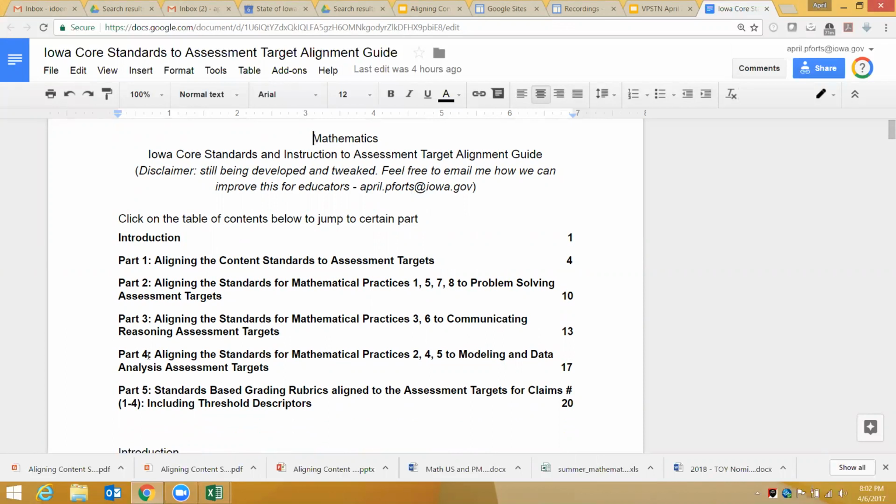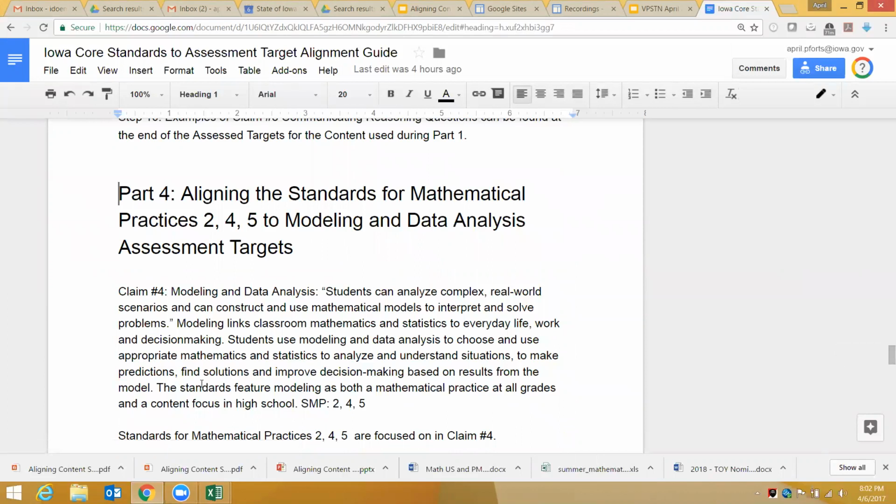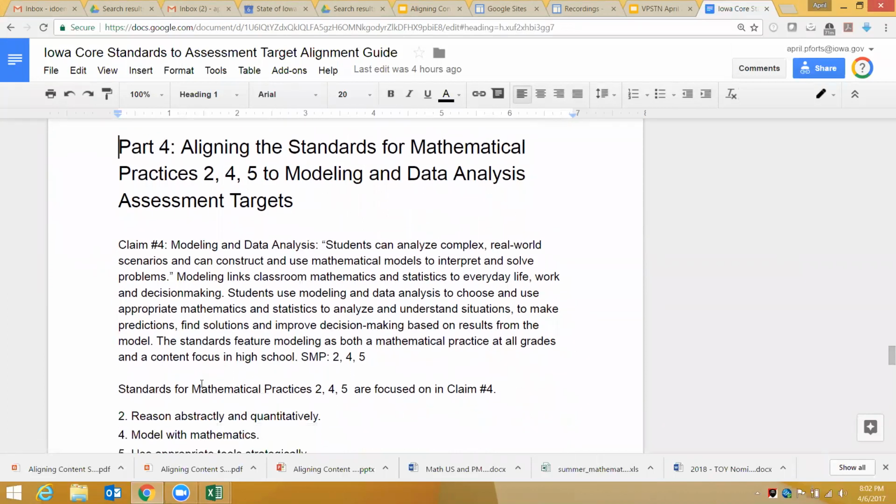We're going to look at Part 4, Aligning the Standards for Mathematical Practices to Modeling and Data Analysis Assessment Targets. So we're going to look at 2, 4, and 5. If you click on this, it has a heading and it'll take you down to this section. For modeling and data analysis, students can analyze complex real-world scenarios and can construct and use mathematical models to interpret and solve problems.